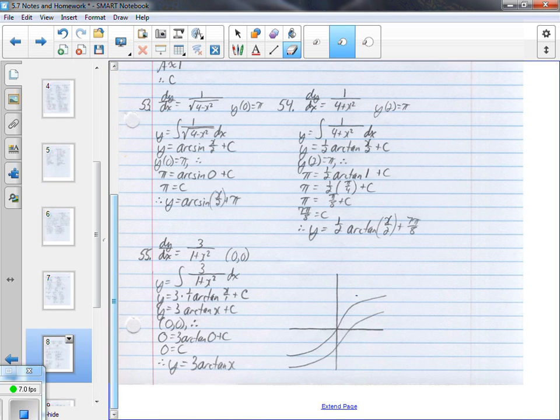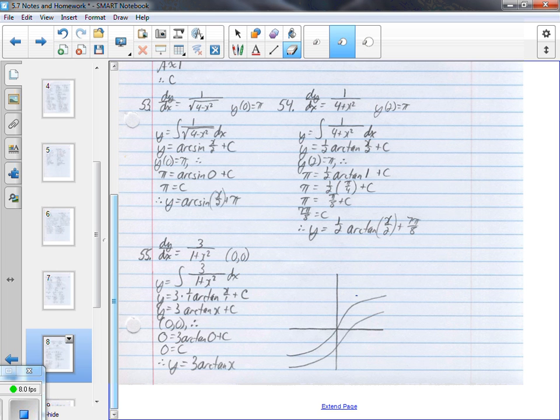Okay? So the differential equation they give us is dy/dx equals 1 over 4 plus x squared. And the initial condition they give us is that y of 2 equals pi.